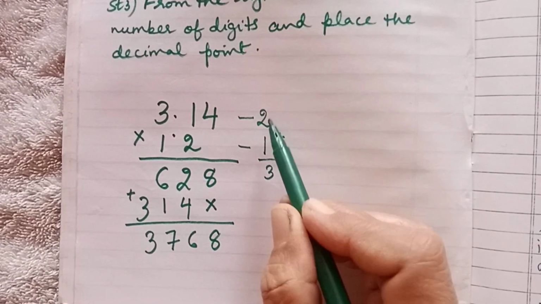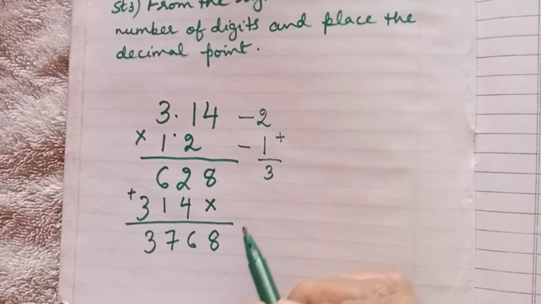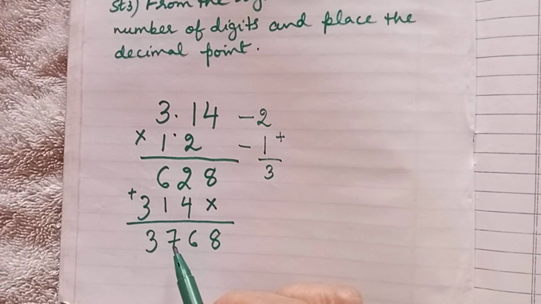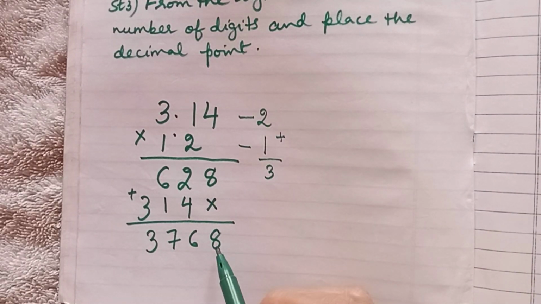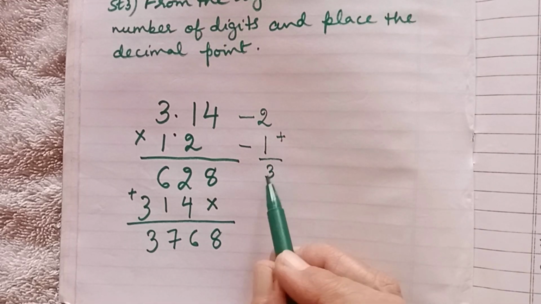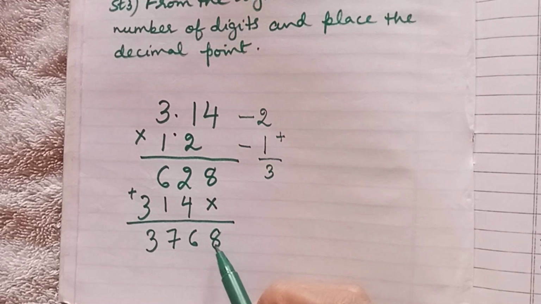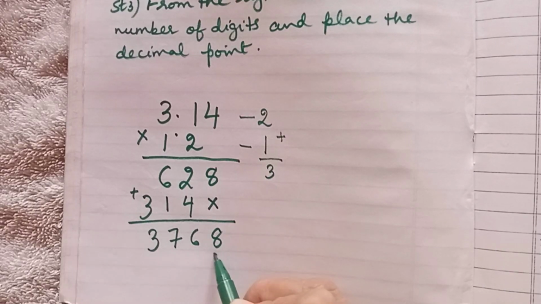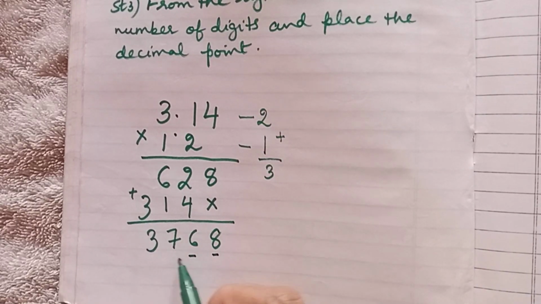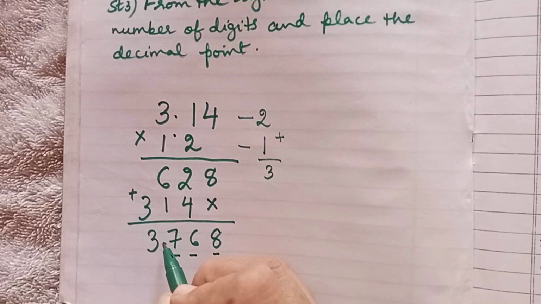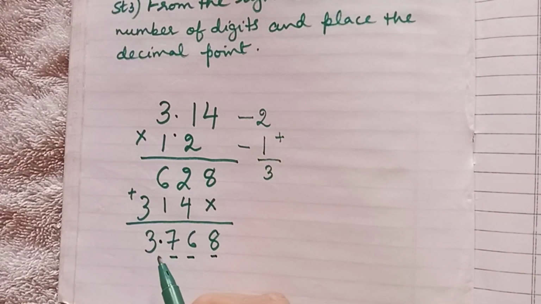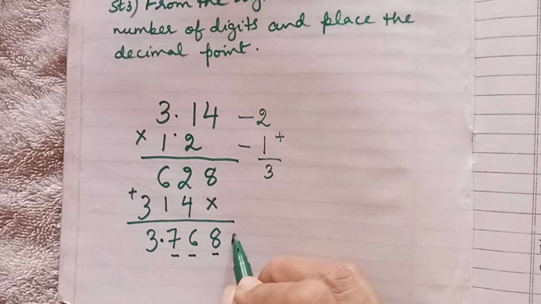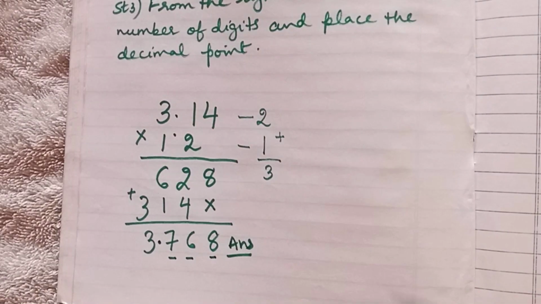In the answer we have to count 3 digits from the right and place the decimal point. So 1, 2, 3. Here we will place the decimal point. So the answer is 3.768.